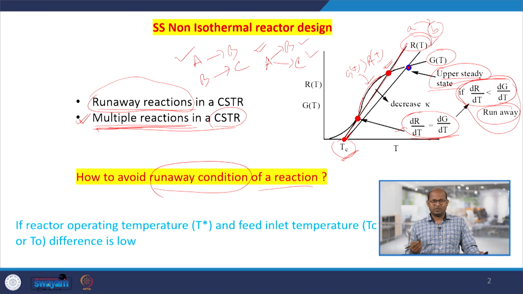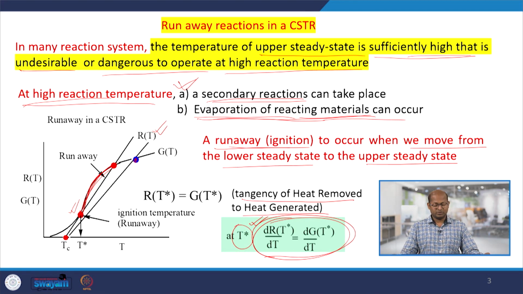To avoid that, we have to change the heat removal term by decreasing the overall heat transfer coefficient or the heat transfer flow rate. Then the heat removal line moves this way, and we can get one steady state temperature that would not affect the overall reactions.